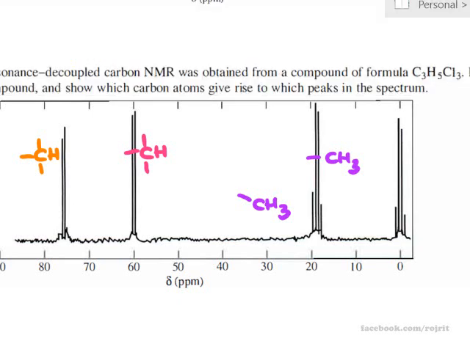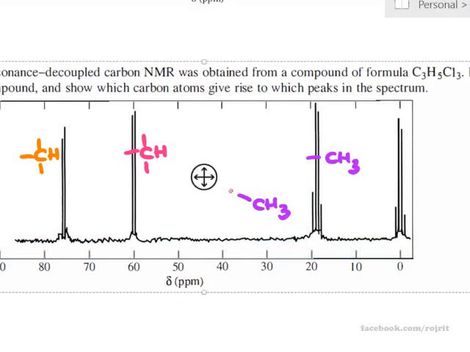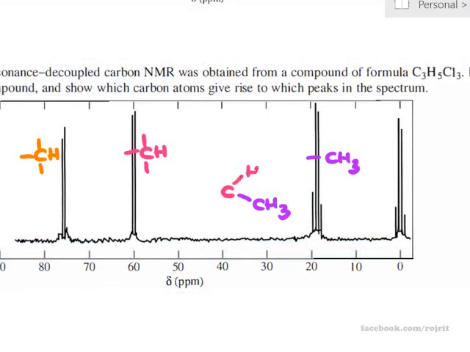If you don't know, you can just guess, pink or yellow. So if you make a guess by putting the pink over here, then the yellow has to be at the very end.